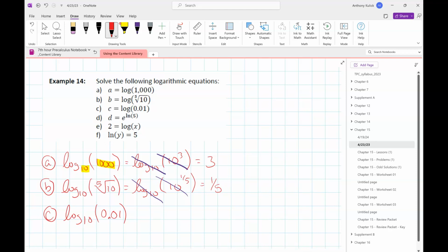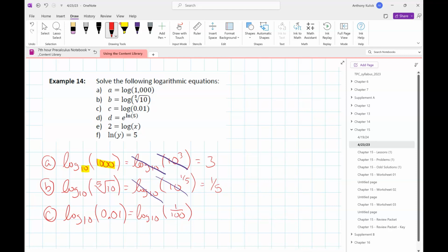So I know that's log base 10. And then 0.01. What fraction is 0.01? It's the same as 1%. What fraction is 1%? 1 over 100, right? If you couldn't do that in your head, you could have typed 0.01 into your calculator and done the fraction command.